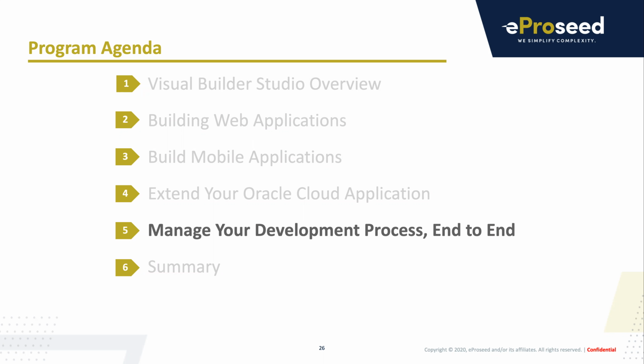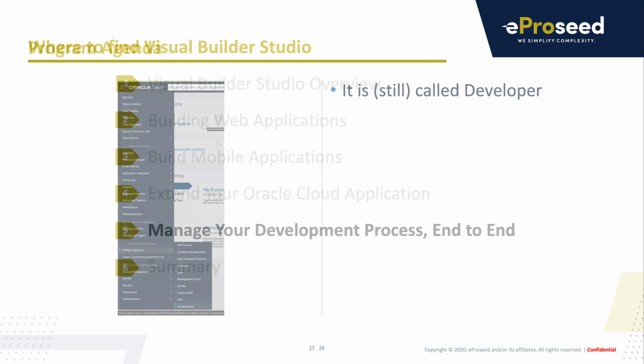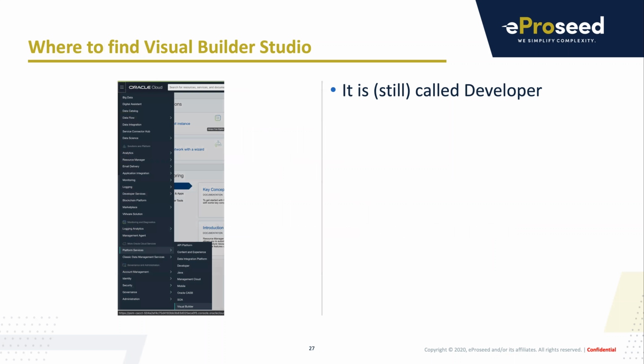Now, when you first try to provision an environment like that, it takes you a while to find it, because if you are familiar with Oracle Cloud Infrastructure and the dashboard, your start page where you can provision all the services, typically Visual Builder or Visual Builder Studio should be under Platform Services.